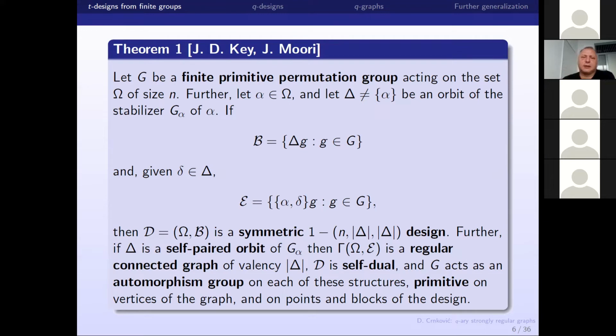Then we make a set B in such a way that we form a development of this capital delta.